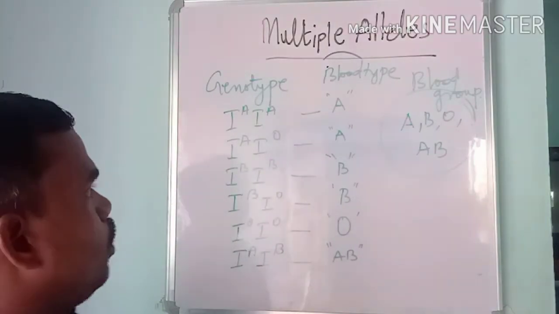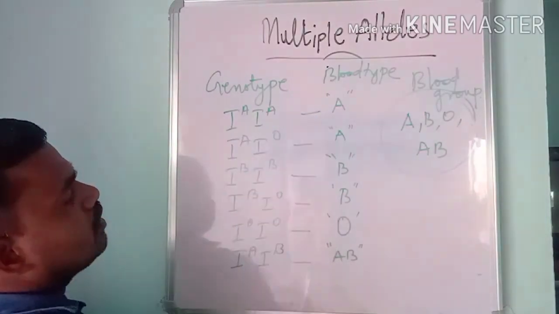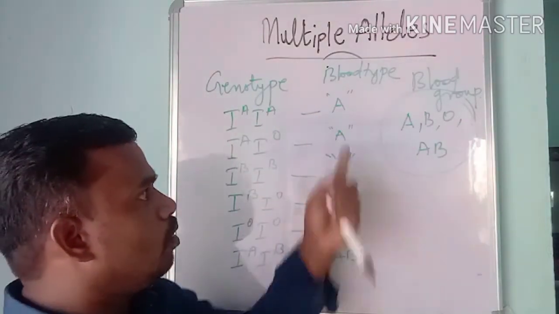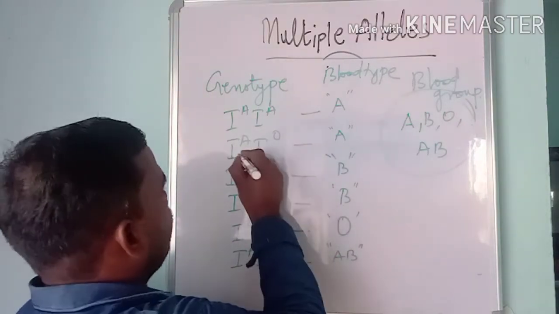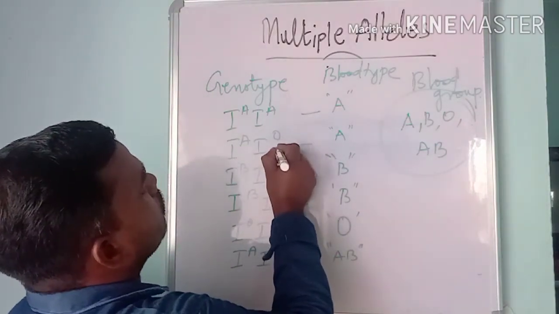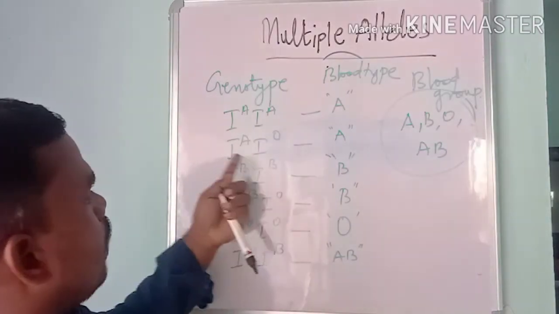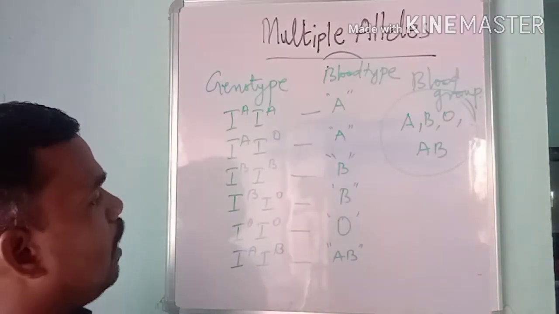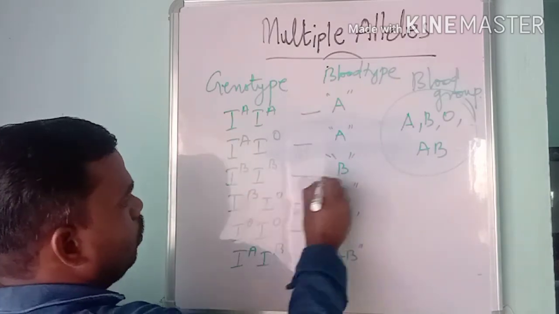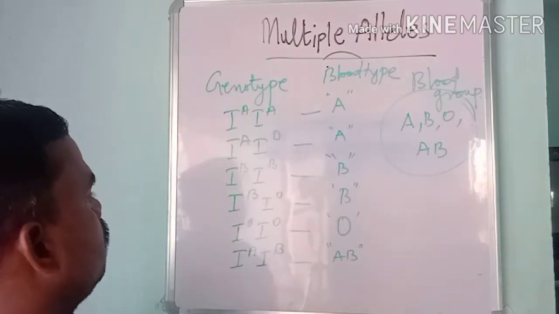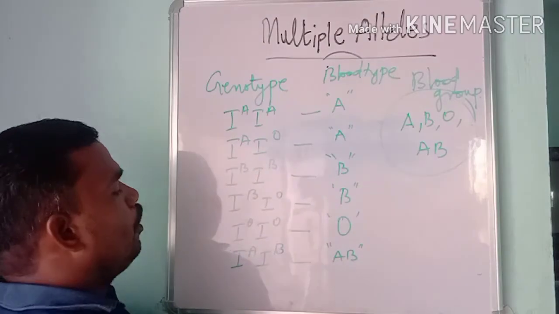Got it? So the IA allele encodes blood type A. It is also a homozygous condition, and this is also a dominance one.